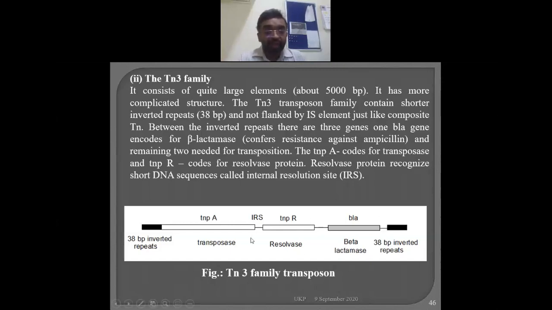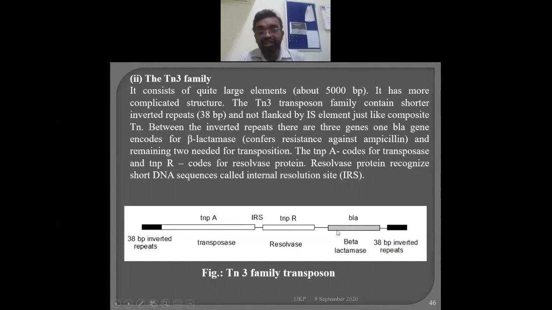Then there follows the TNPA gene. Then there is the IRS site or location. Then there is another gene, the TNPR. Then there is the BLA gene. So this is one gene, this is another gene, and this is the third gene.